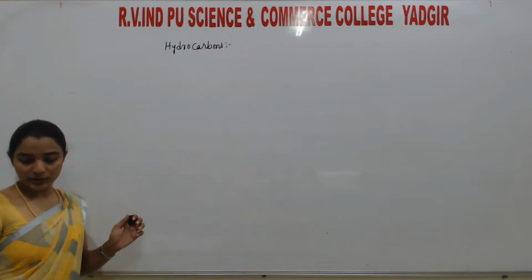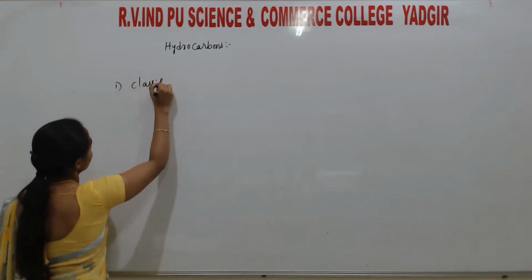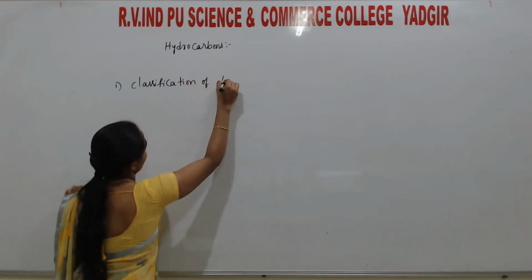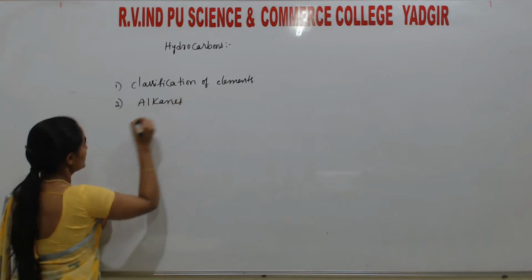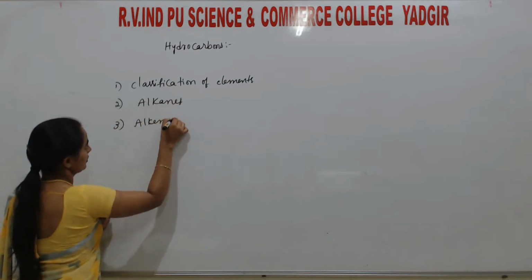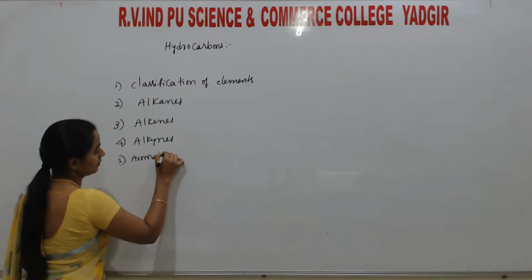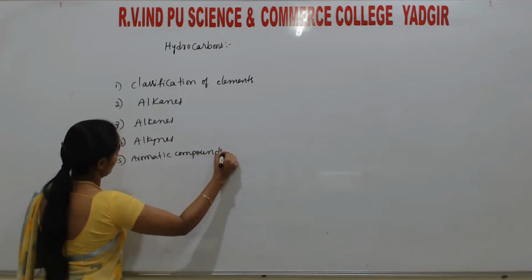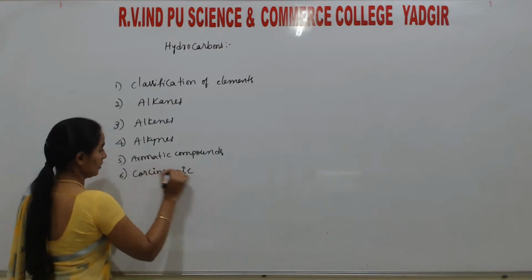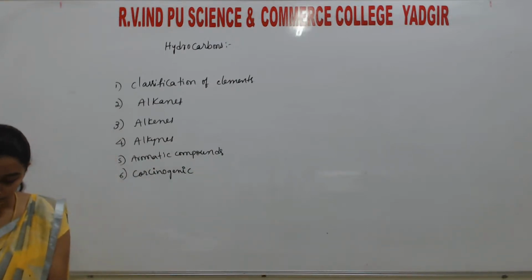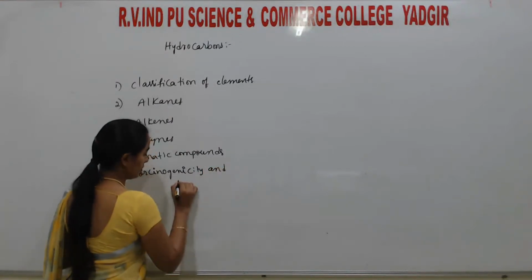What are the objectives we are going to study in this chapter? There are only 5 objectives for your syllabus: classification of elements, alkanes, alkenes, alkynes individually, aromatic compounds, and also carcinogenic nature, or carcinogenicity, and toxicity.